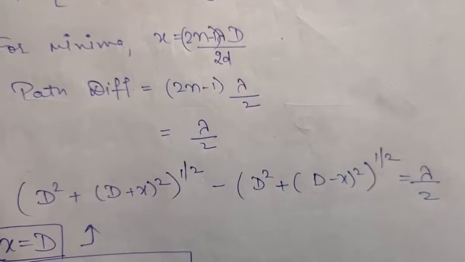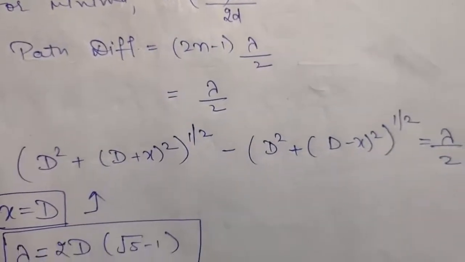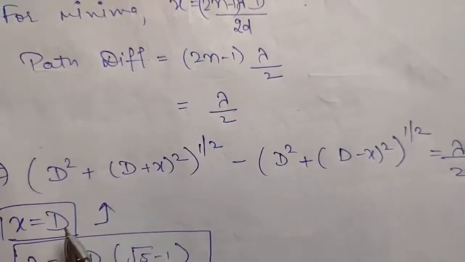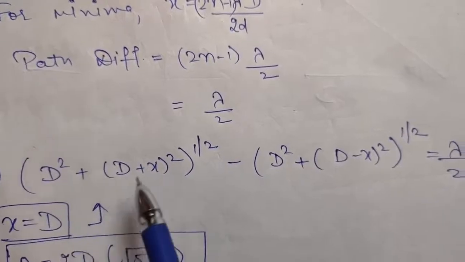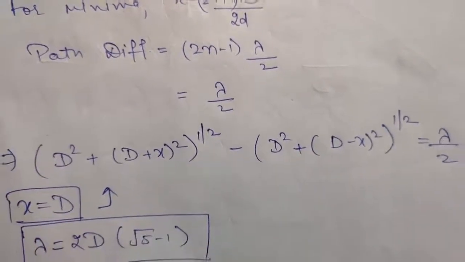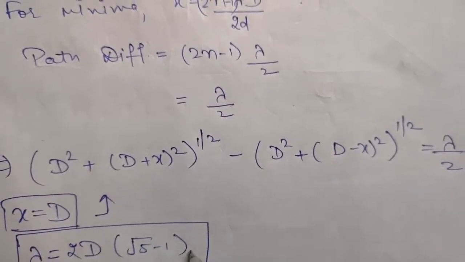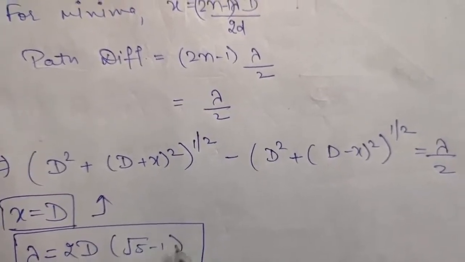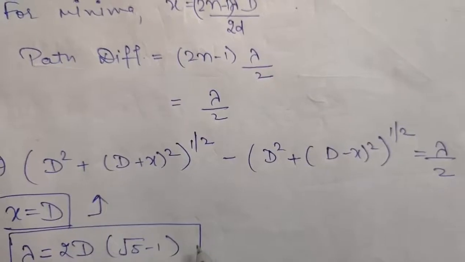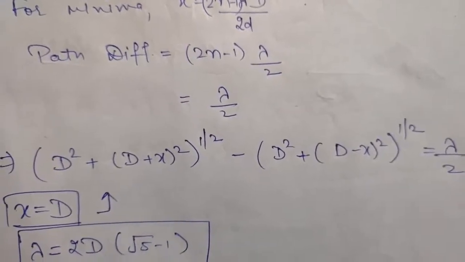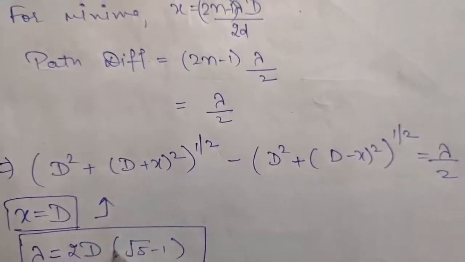This is according to the question. And one more thing is given, that your x should be equal to D. So put x equal to D here. When you solve it, you will get lambda equals 2D into root 5 minus 1. If you want, you can solve it further as well, or you can leave it like this also. So this is the relation between lambda and D.